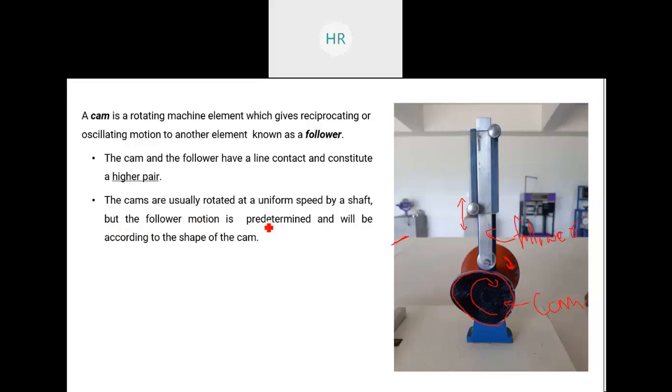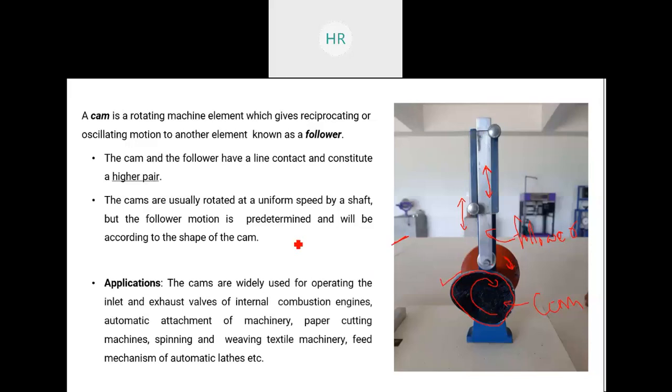But the follower motion is predetermined and will be according to the shape of the cam. This motion of the follower is predetermined, which means I have an application in which I need a link that should move in a particular direction only, here up and down motion only. So to generate this motion, I need to install the cam. These are the various applications for cams, or you can say cam and follower mechanism.